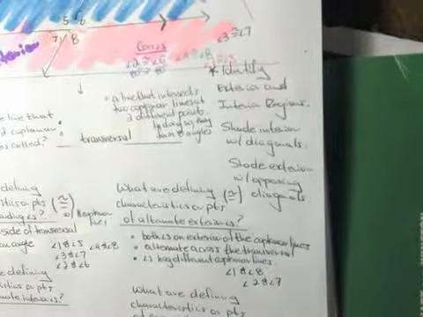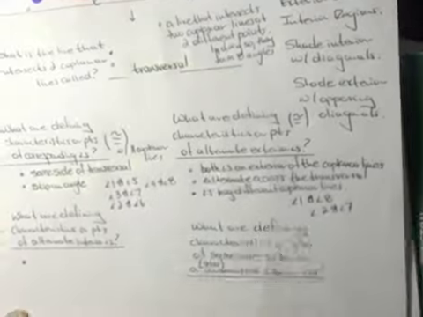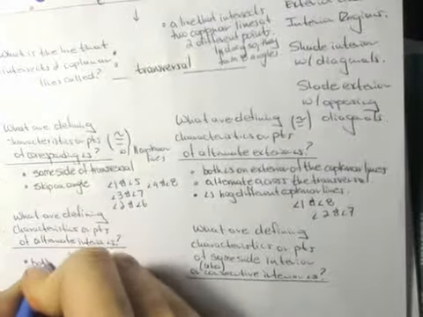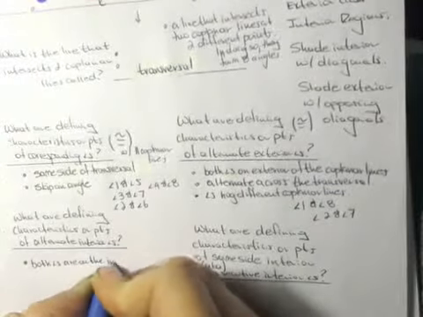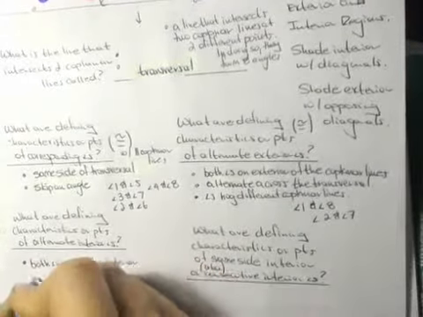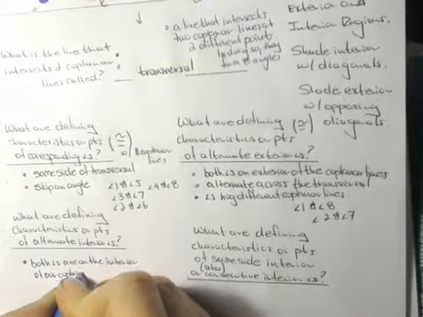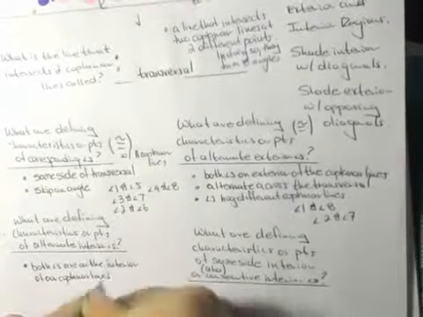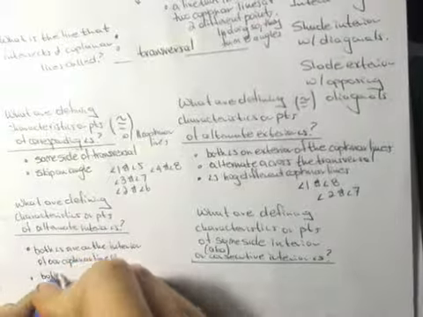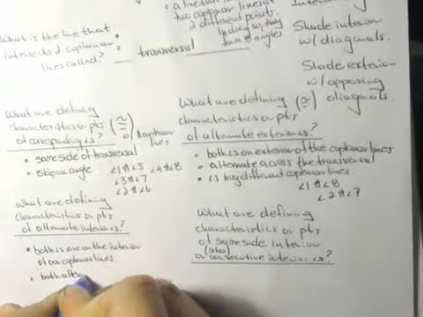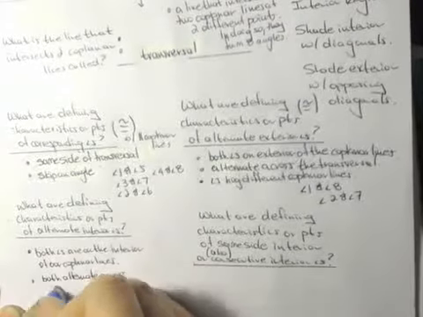Okay, for our list, the defining characteristics or points of alternate interior angles. Both angles are on the interior of our coplanar lines. They both alternate across the transversal.